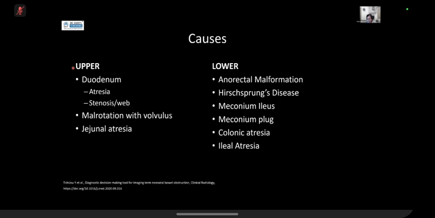If you see filling defects of meconium in the terminal ileum, you can say this could be ileoatresia. If you don't see that, you can only say there's total colonic microcolon, and the differentials would include meconium ileus and ileoatresia. You can use ultrasound to help you.